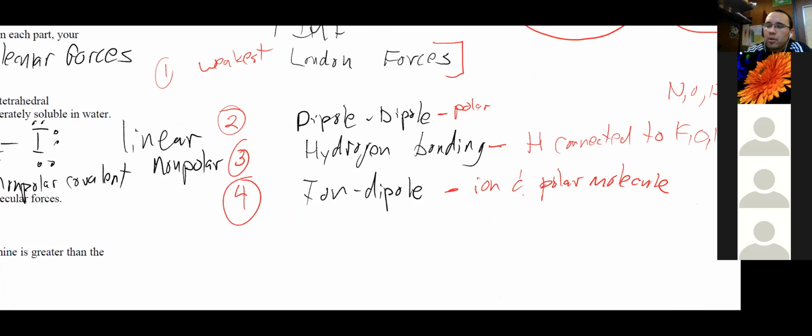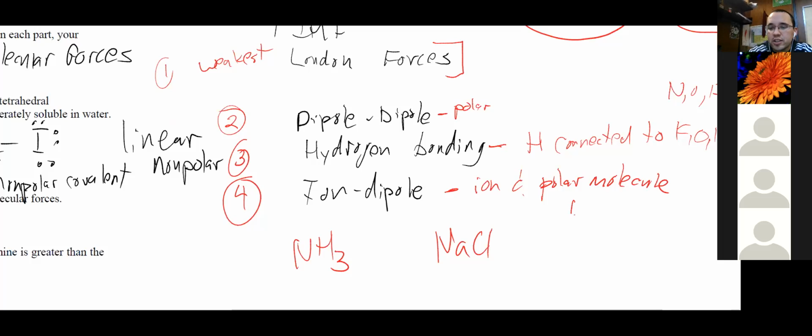Something like NH3 or NaCl is either going to have a dipole or be completely ionic, right? So ion-dipoles show up when we have mixtures, when we have solutions.